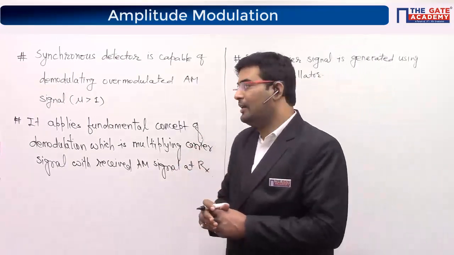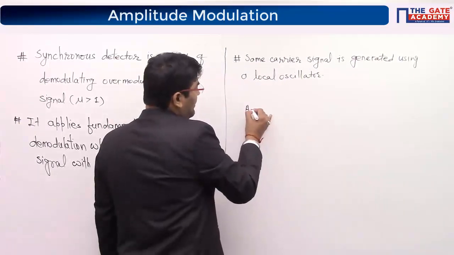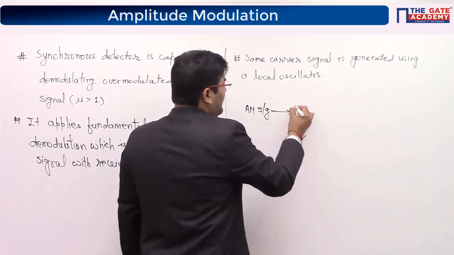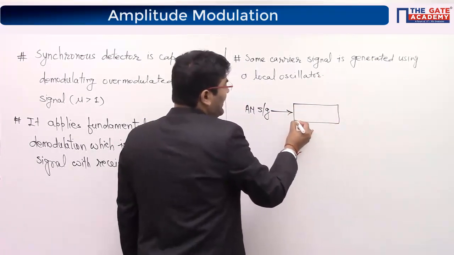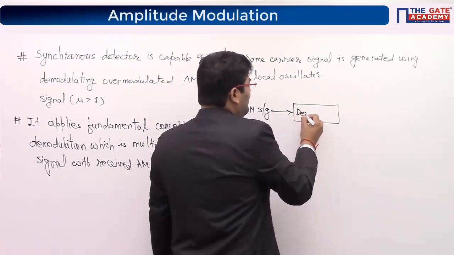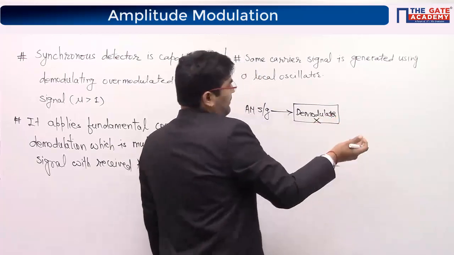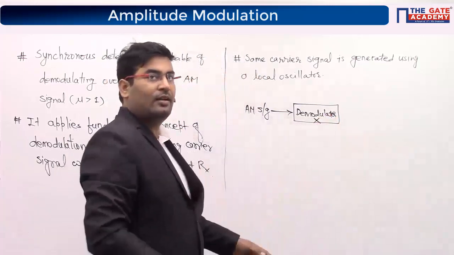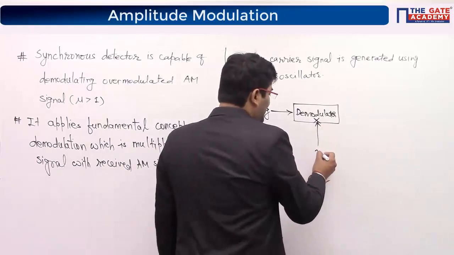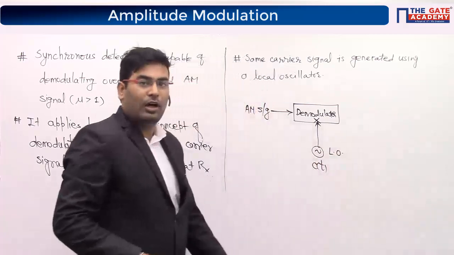Now how would the circuit look? Guys, the circuit would look something like this: you have an AM signal that you have received, and you feed it into a modulator. Generally we call it a demodulator because it is at the receiver end, but the job is the same, to multiply. It multiplies the AM signal with the carrier signal c(t), which you generate using a local oscillator.